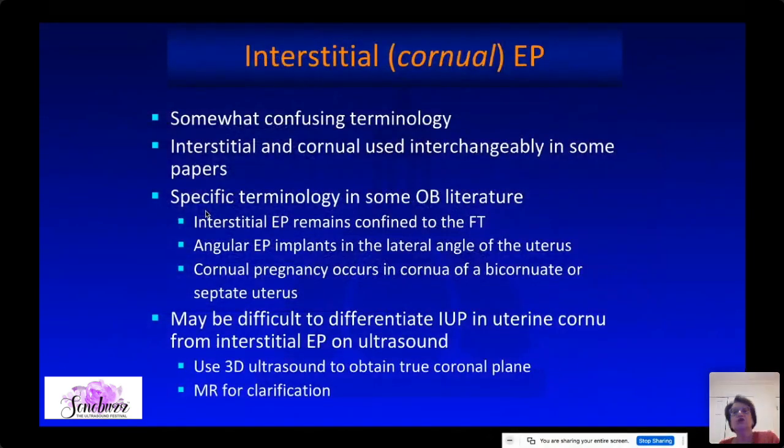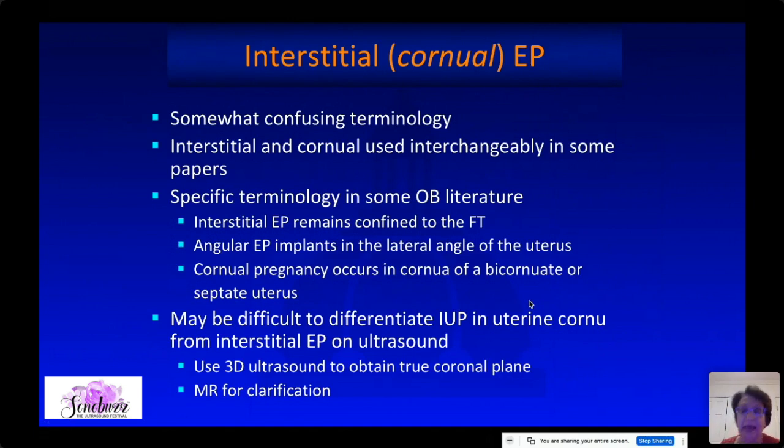Something about terminology, which is a little bit confusing: the OB literature now recommends that we call these pregnancies interstitial and not cornual. Cornual pregnancy is reserved for pregnancy that occurs in the cornu of a bicornuate or septate uterus.